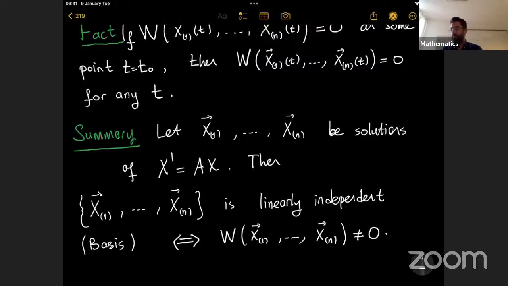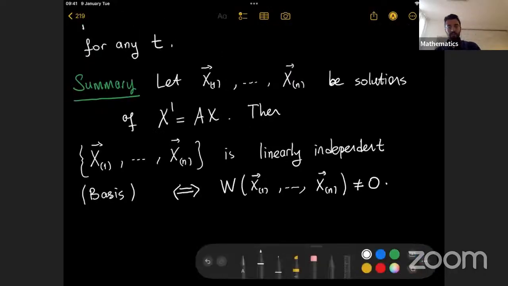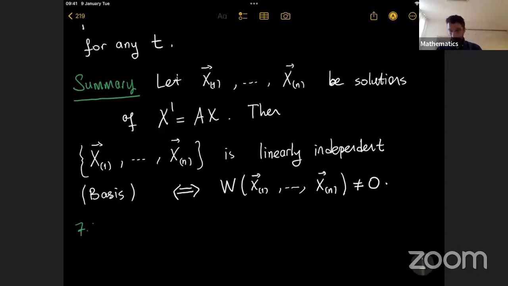Now we will do some examples. Section 7.5. We will solve some constant coefficient systems.